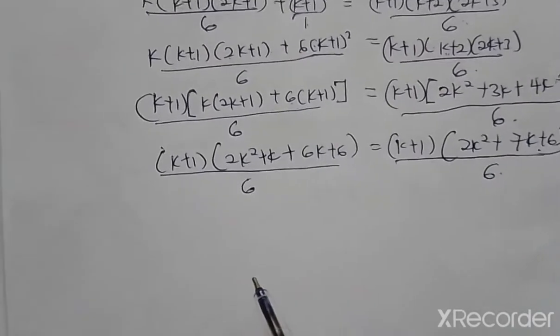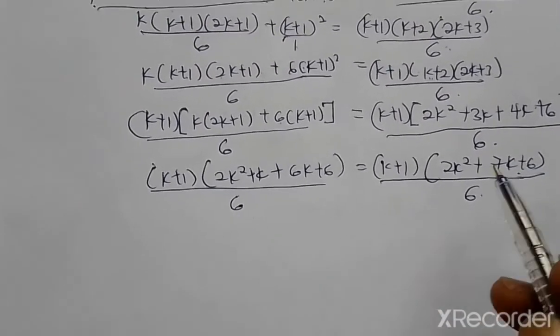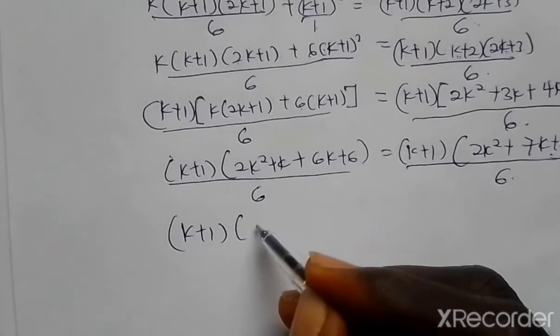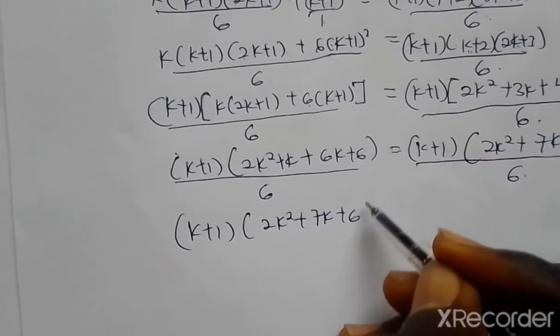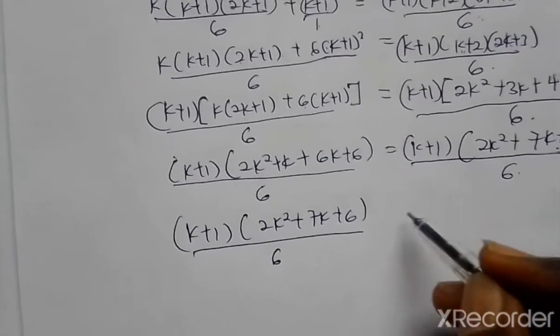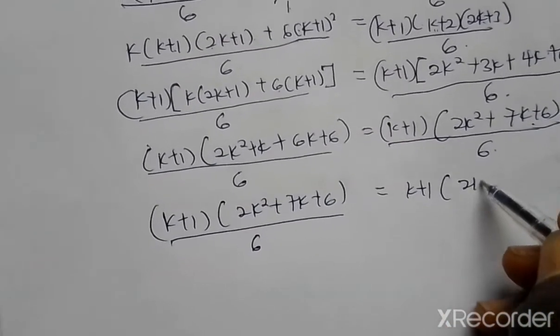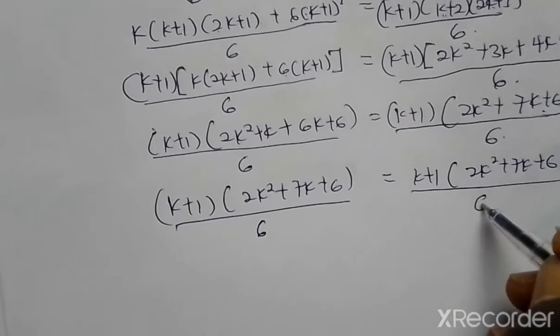At this point, we will still go on simplifying so that you show that the left hand side and the right hand side are equal. So we have k plus 1 multiplying 2k squared plus 7k plus 6 all over 6, to be equal to k plus 1 multiplying 2k squared plus 7k plus 6 all over 6.